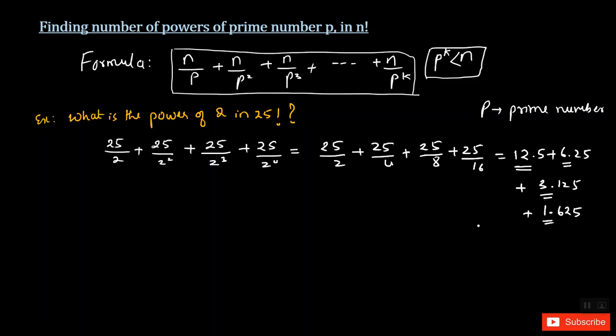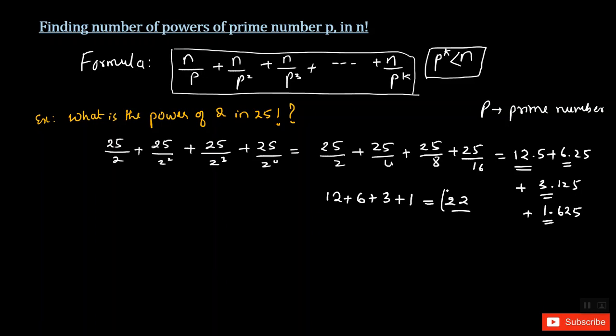Add them all, and that gives you how many 2's are there in 25 factorial: 12 plus 6 plus 3 plus 1. 12 plus 6 is 18, 18 plus 3 is 21, 21 plus 1 is 22.